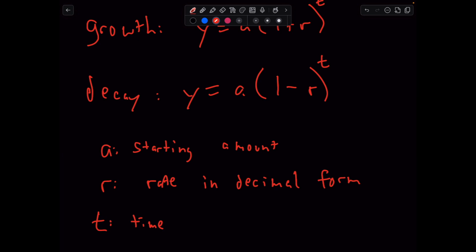Could be days, months, years, depends on the problem they give you. So you have to pay attention because if it says the time is 1 year and it says, oh, here's 6 months, well, you don't put 6, you would put 1/2 because 6 out of 12 is 1/2. So you got to pay attention to what the problem says for the time.